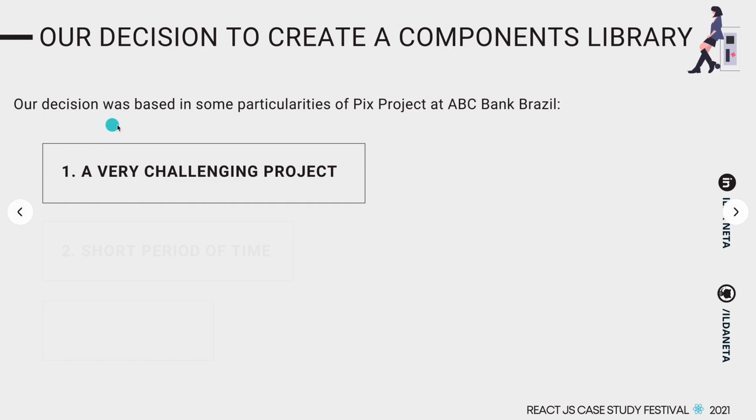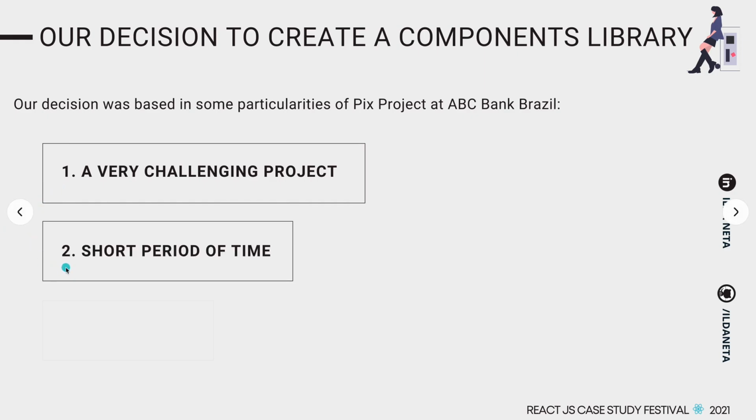Our decision was based on some particularities of the Pix project at ABC Bank Brazil. The first one is that it was a very challenging project, because it was the first time that we had an instant payment method in our country.